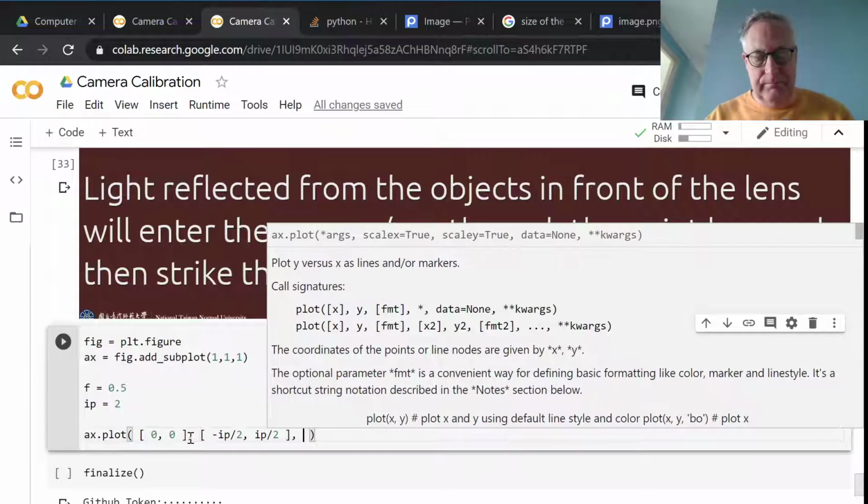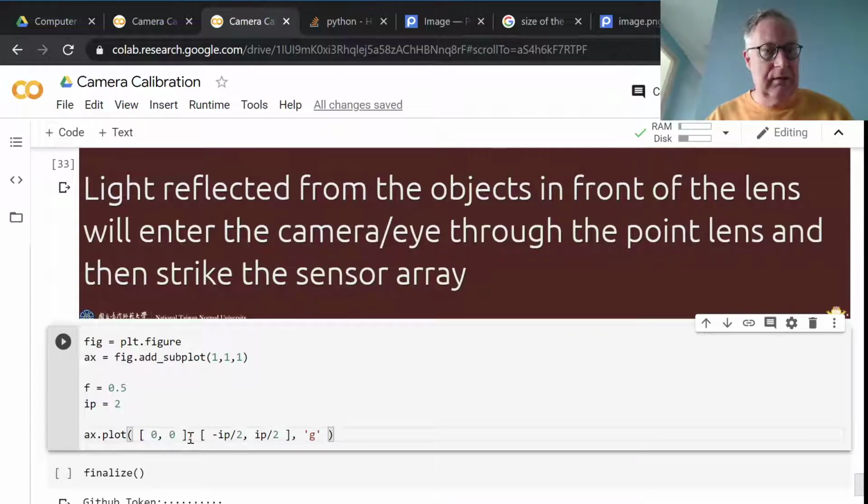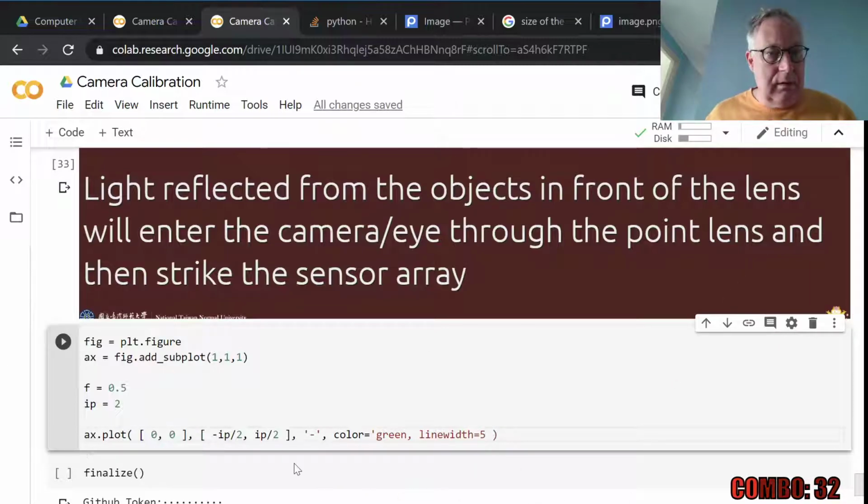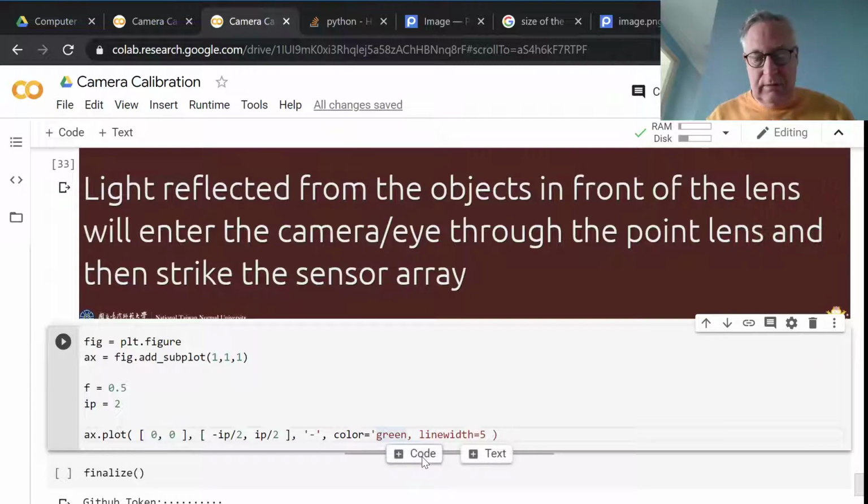And let's plot it in green, color equal to green.